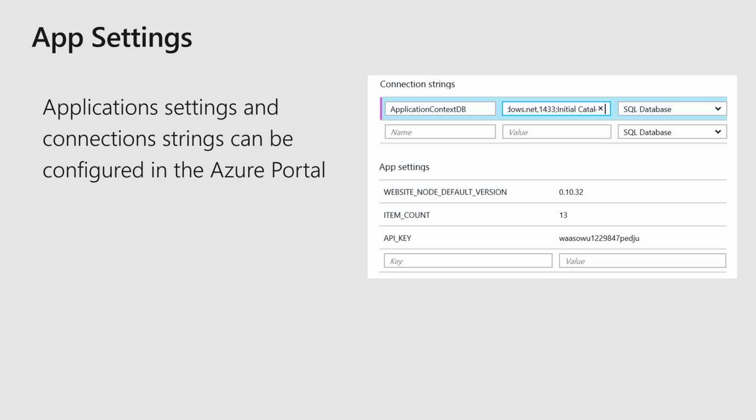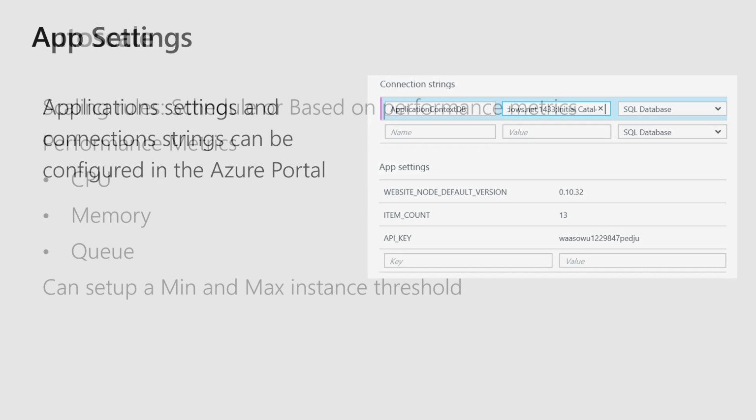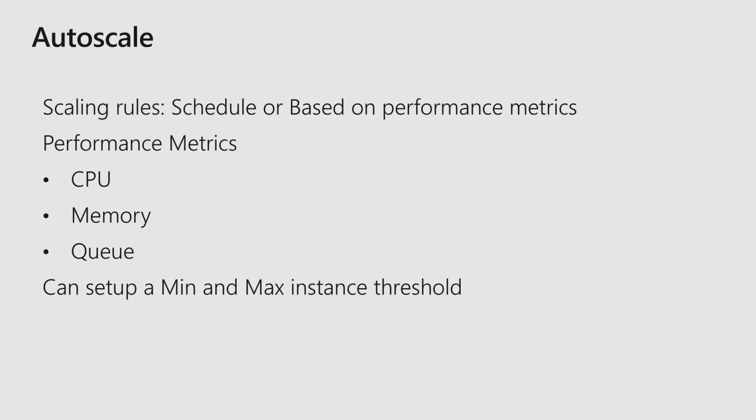The values that you put in the app settings and the connection strings will override the ones in the application configuration files. So if you have a configuration file with an API key of AAAA, this one will override that. Same thing for item count and things like that. So it's pretty easy for you to use this and change this.